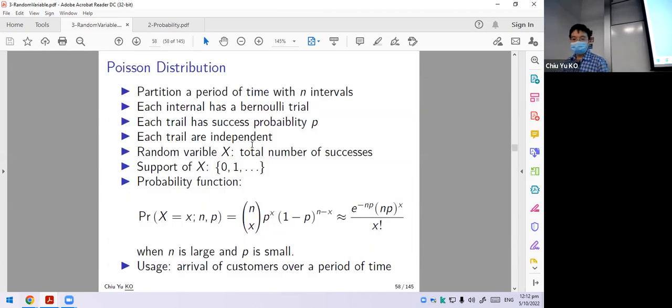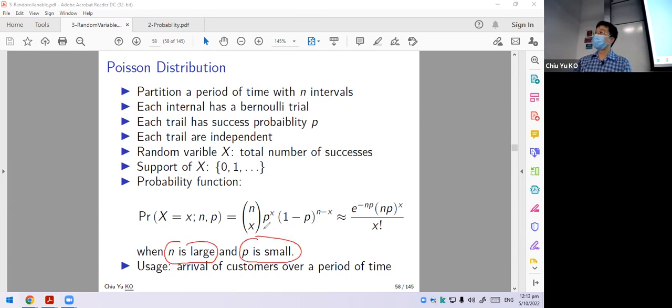But before we break, I want to give a short introduction to the Poisson. In fact, mathematically the Poisson is a special case of the binomial. What do I mean by that? It is exactly the case when n is very large and p is very small.